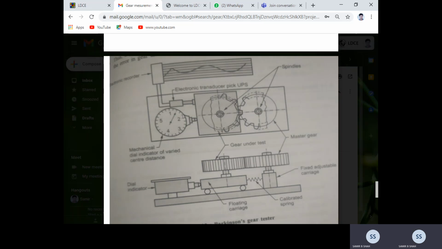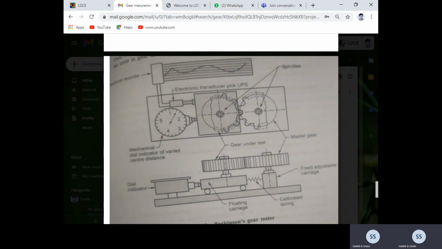What is the working of the Parkinson gear tester? Using gauge blocks between the spindles, set the dial gauge to read zero at the correct center distance. Also adjust the spring pressure and set the limit marks on the dial gauge. After that, mount the master gear and the gear under test on the respective spindles and observe the variation in the dial gauge reading when the gears are rotated.